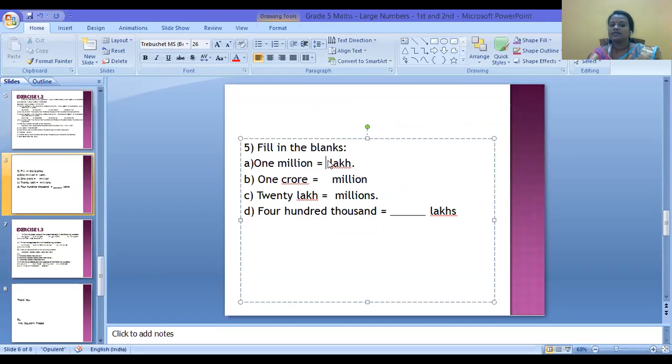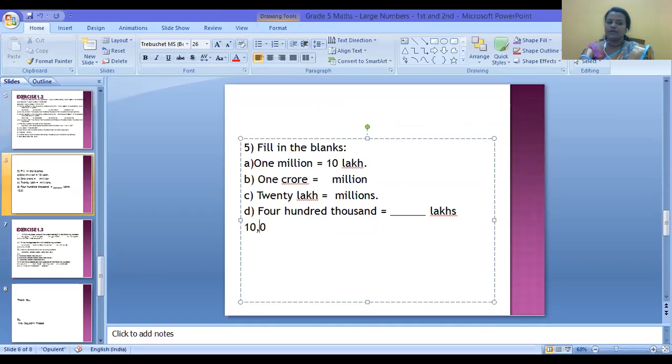Now there are some facts for you to know. 1 million would be equal to how many lakhs? First, let us try to work it out. 1 million is written in this pattern. If you separate it in terms of the Indian system, this equals 10 lakhs.